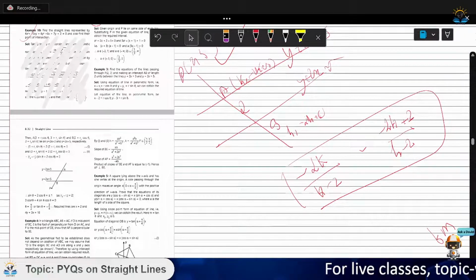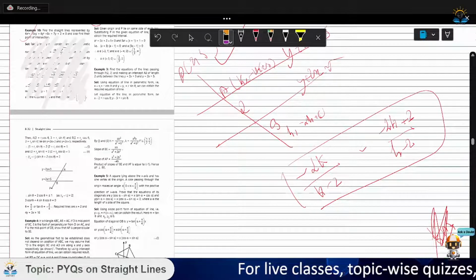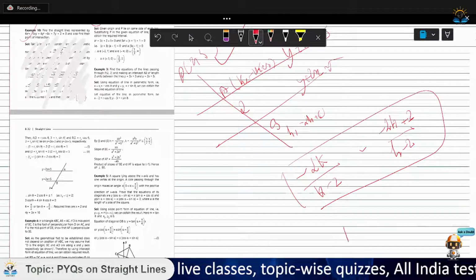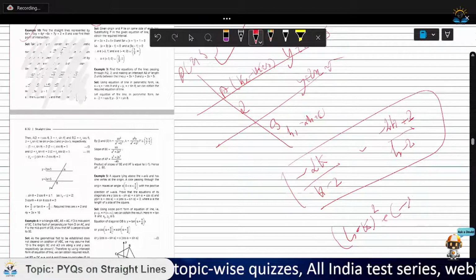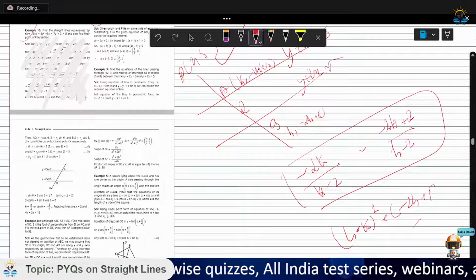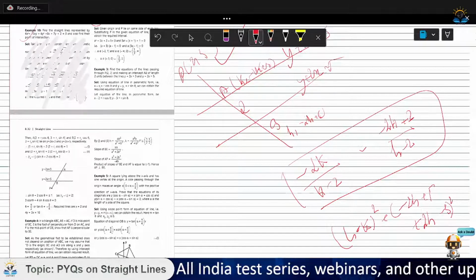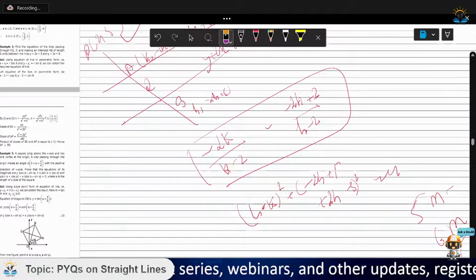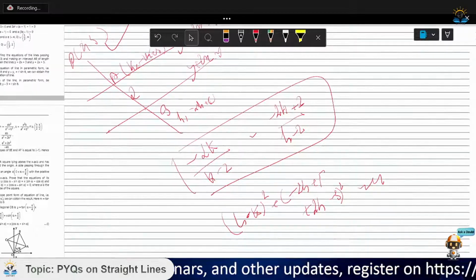Let me erase the other part. Okay. And the other equation that we have is (h minus k) whole square plus (minus 2h plus 5 plus 2h minus 3) whole square is equal to 4. So let me solve this for you guys and see where the solution heads.